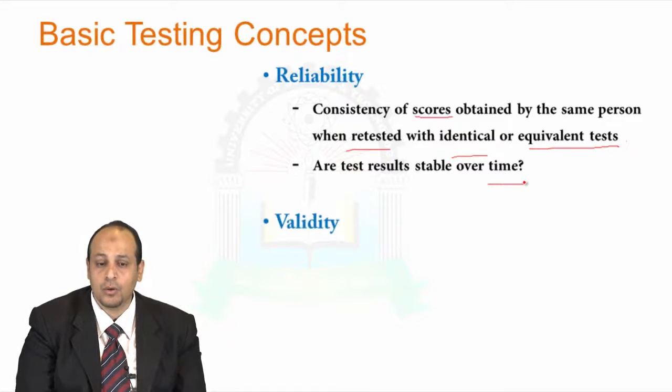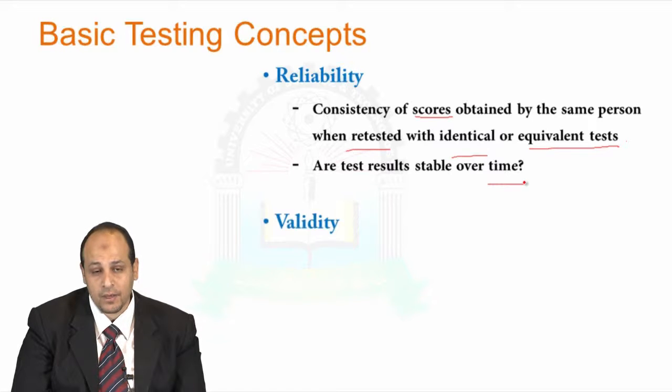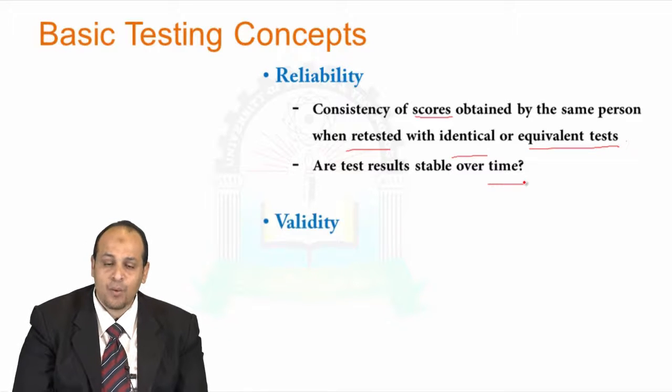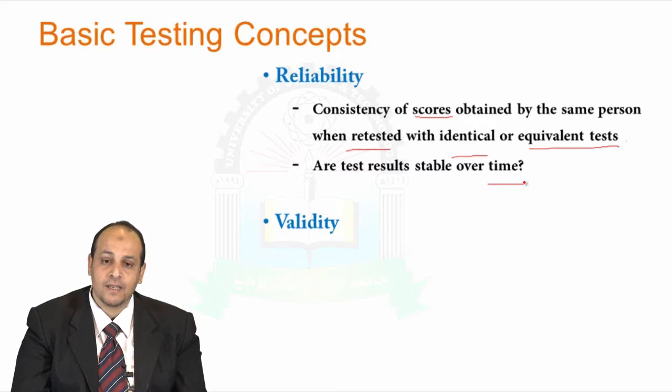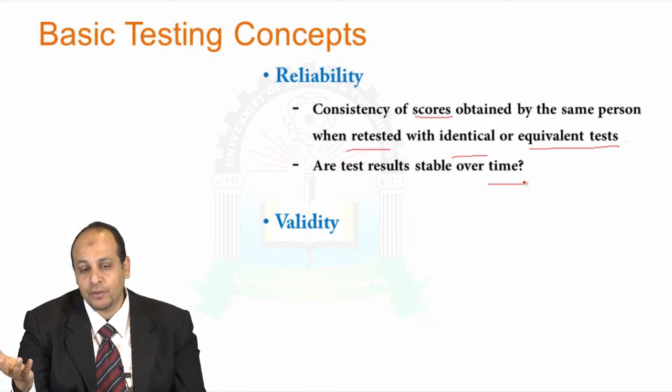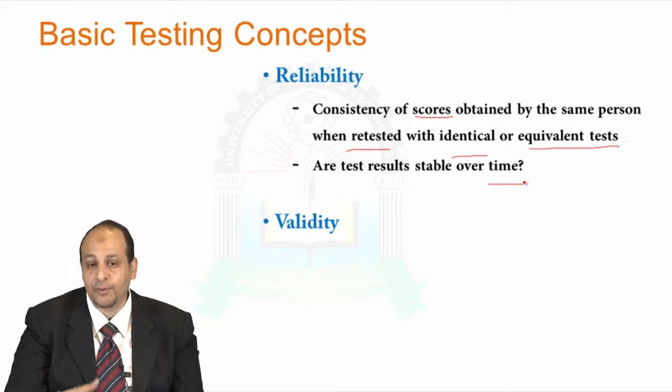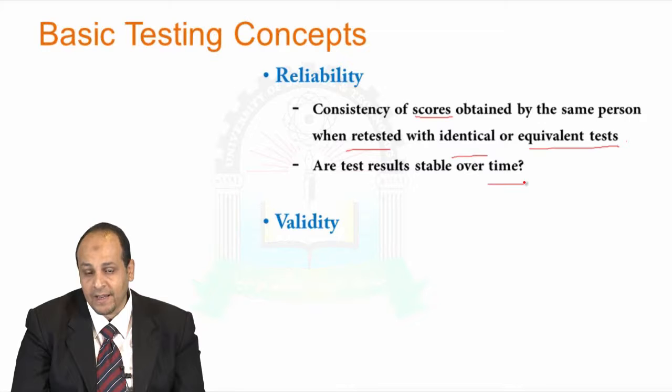Another important concept is called validity. What do we mean by validity here? Remember, selection is trying to get the right person for the jobs we have already defined in our job analysis.